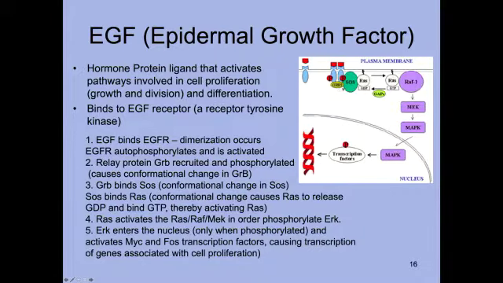GRB will bind the SOS protein, and SOS in turn will bind a protein called RAS. RAS has a GDP molecule, and the phosphate it gets from these proteins over here will turn the GDP bound to it to GTP.